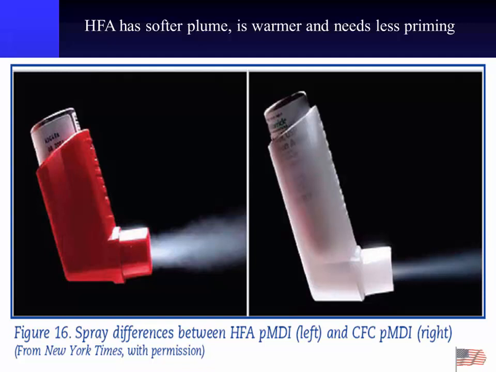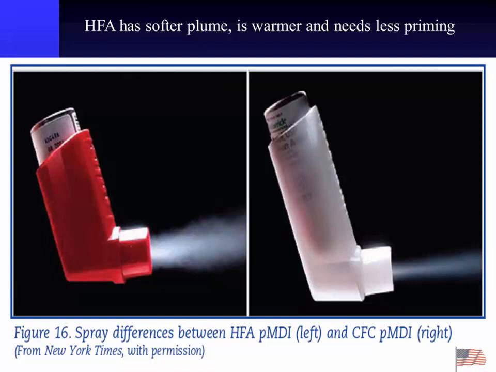This is probably a little bit dated because HFAs have not been on the market for a long time. When they went from the CFC to the HFA, albuterol, Proventil or whatever, patients complained because they didn't feel they were getting the same effect.